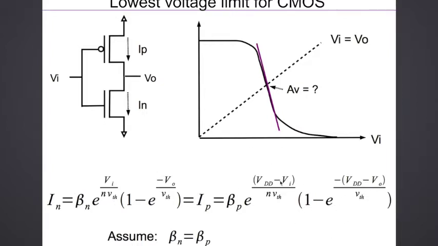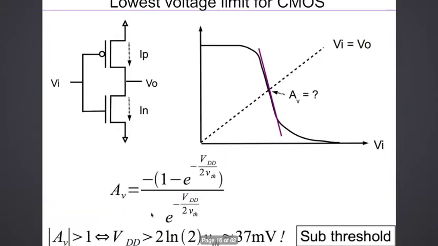Now the NMOS and the PMOS currents should be equal at any point on this curve. Just to simplify the calculations, we'll assume beta n is equal to beta P. How do we go ahead and solve this problem? I'll leave this as an exercise for you: from this equation, get the gain value.